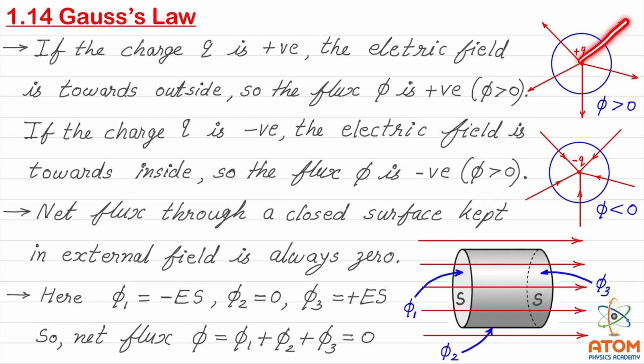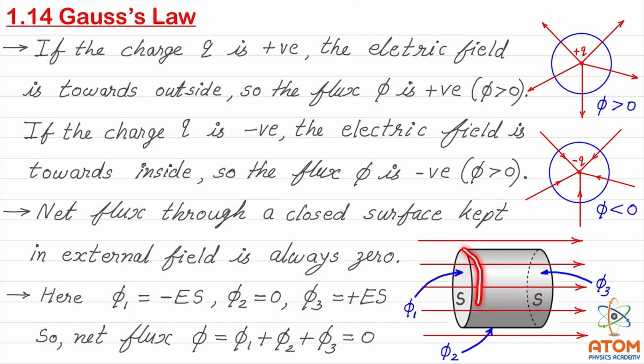When the electric field lines are going from inside to outside, the flux is positive. So here the electric field lines are going from outside to inside. That's why the flux linked with that surface will be phi 1 is equal to minus ES. Whereas for this surface, the electric field lines are going from inside to outside, and so the flux will be phi 3 is equal to plus ES.